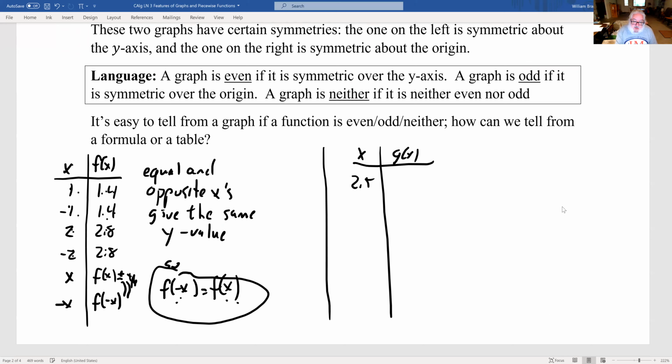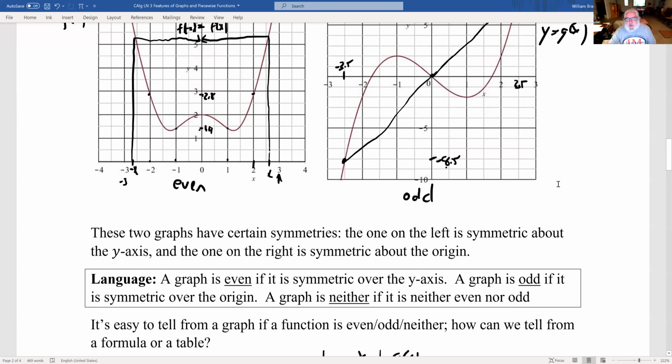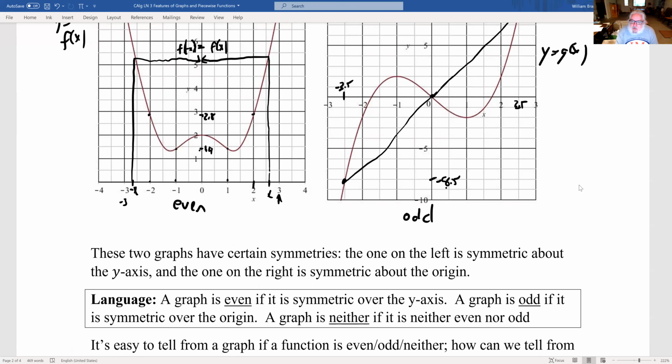We plugged in 2.5 and we plugged in minus 2.5, and we got that the output was 8.5 in one case and minus 8.5 in the other case. So what happens if we take x equals 1? Well, that gives me an output of -2. If I take x equal to -1, equal and opposite to 1, that goes up the other way. So that gives me 2. So 1 would give me -2, but -1 gives me +2.